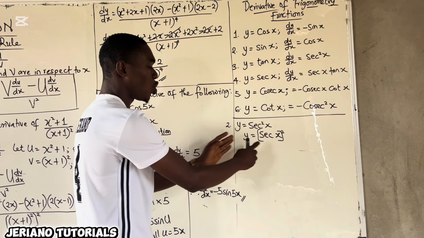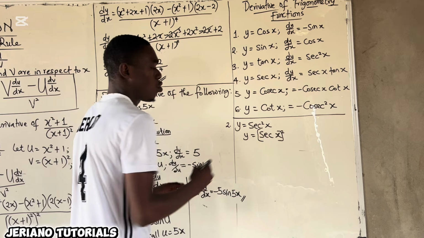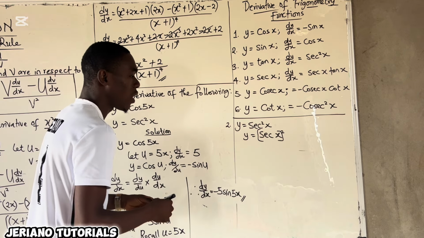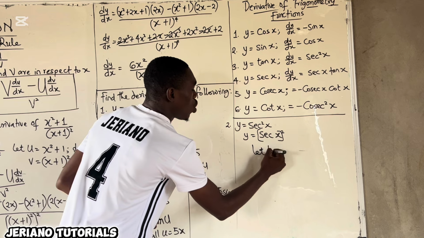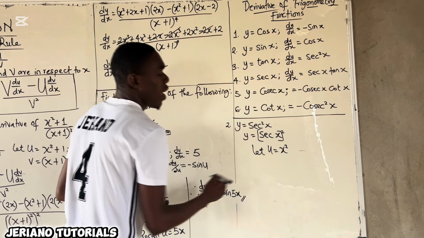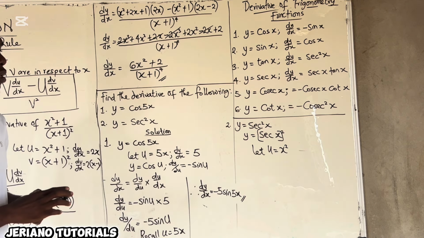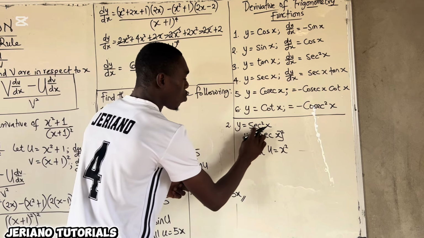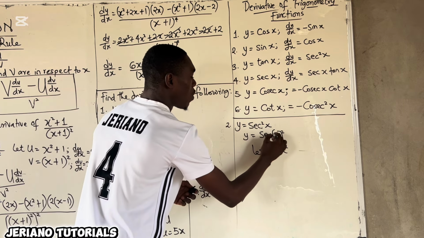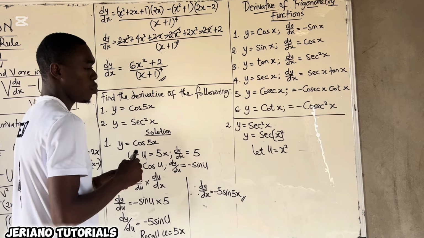So the interpretation means sec x square. Now when it's like that, what you have to do becomes, let u be equated to x square.